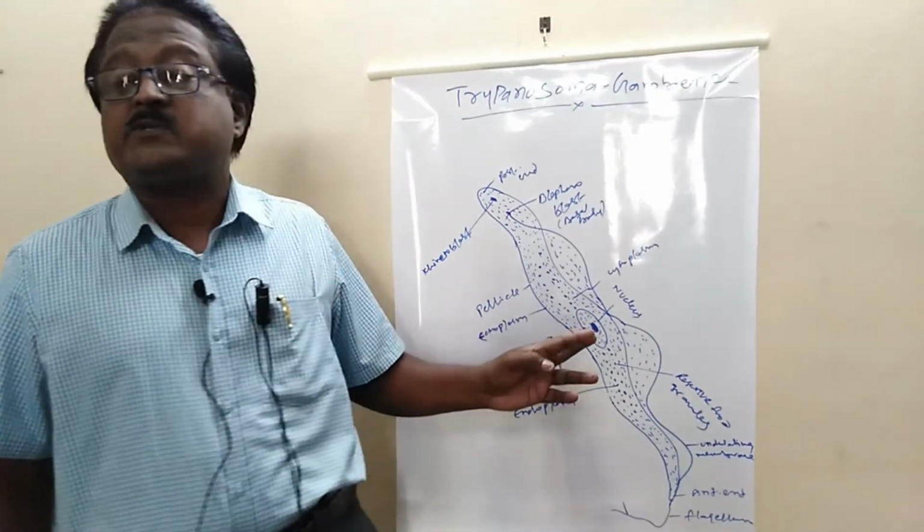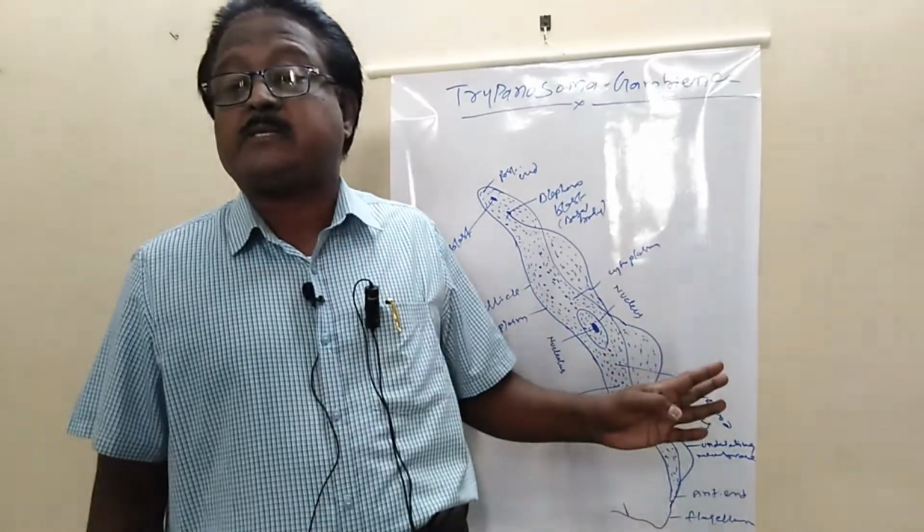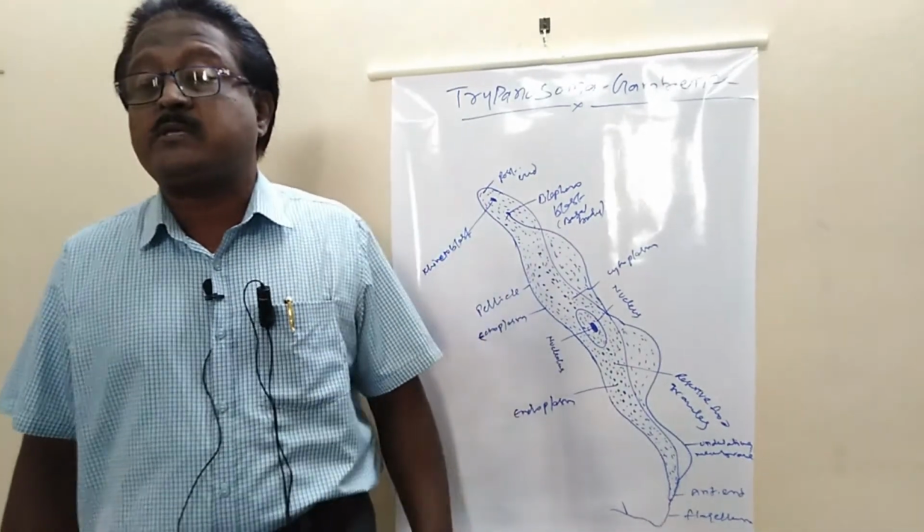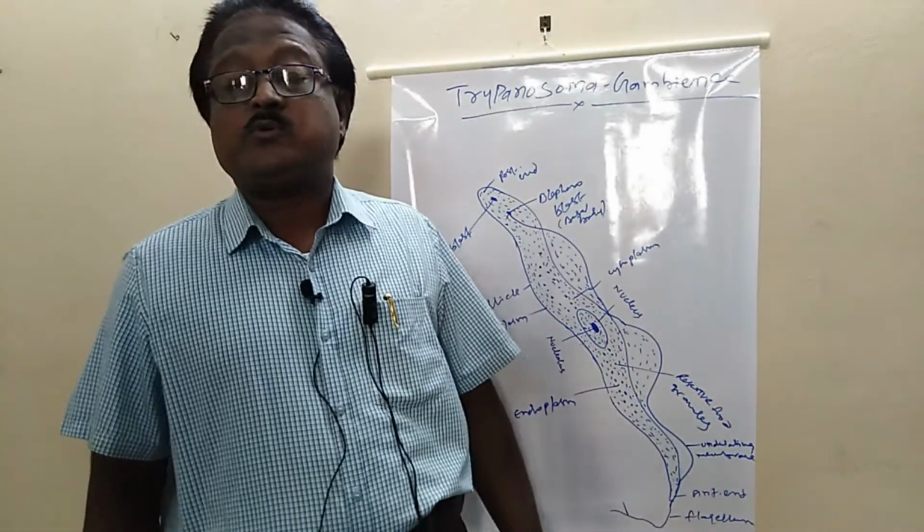That plasm is called nucleoplasm, and the nucleoplasm contains chromosomes, a spherical nucleolus, and endosomes, etc.